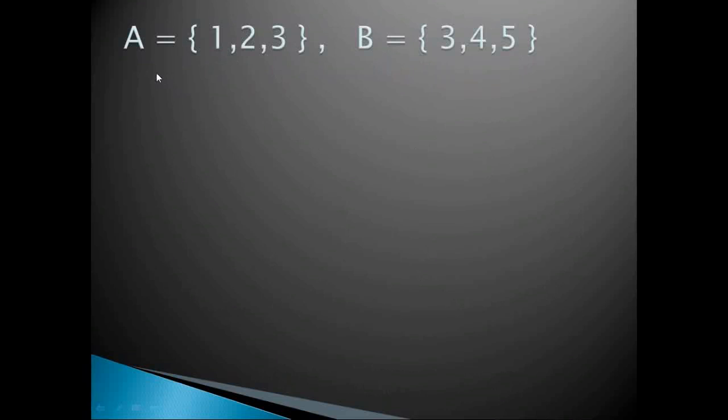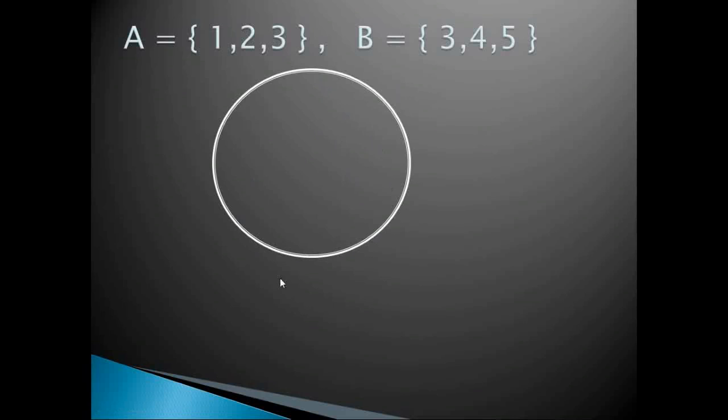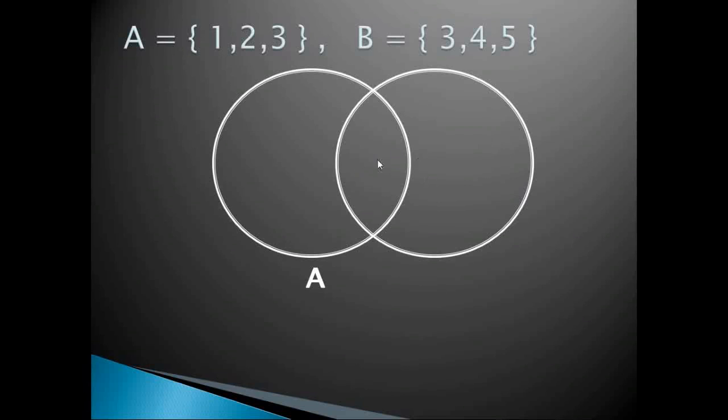Now let's take another example where A is 1, 2, 3 and B is 3, 4, 5. Now you will observe that there is one element that is common in both the two sets. So here, if I represent the set A and represent the set B, you will see that they will overlap. Why? Because there is one element that is common.